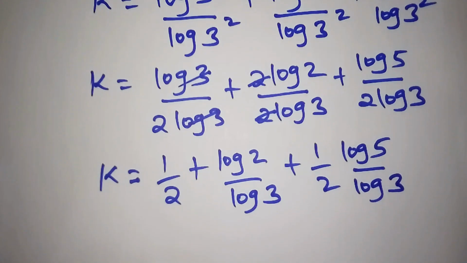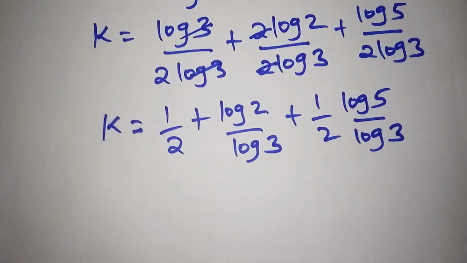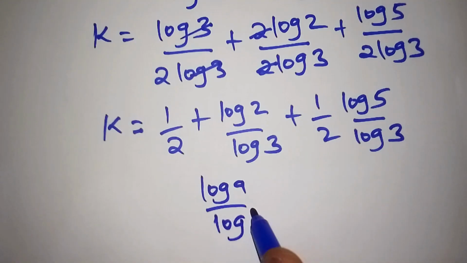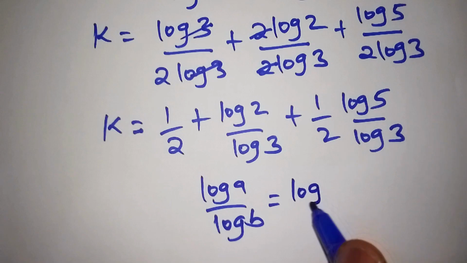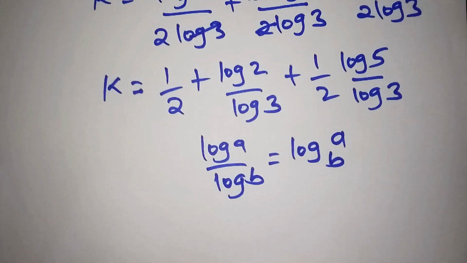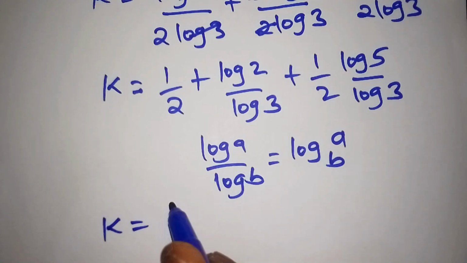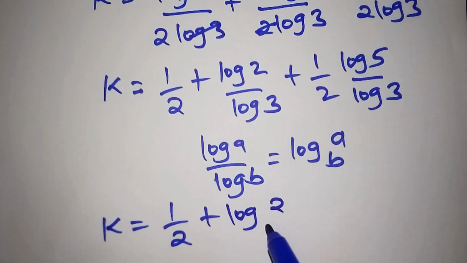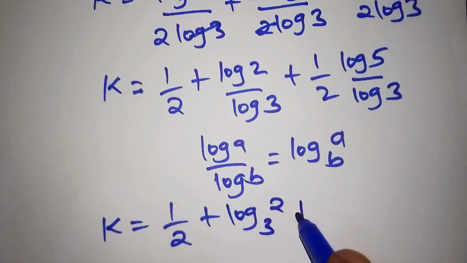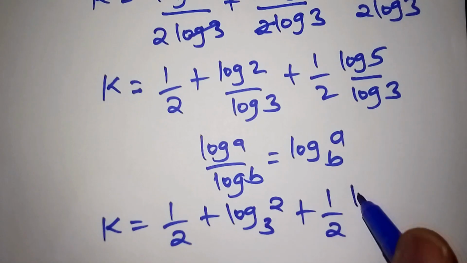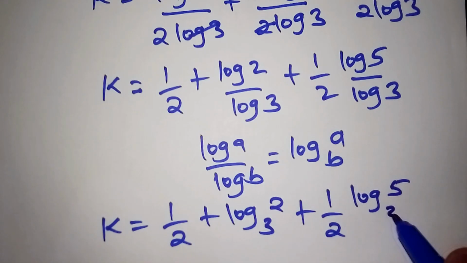Assuming that we have the log A all over the log B, this can also be written as the log of A to the base of B. So now k is equal to 1 over 2, plus the log of 2 over log 3, which can be written as the log of 2 to the base of 3, plus 1 over 2 the log of 5 to the base of 3.